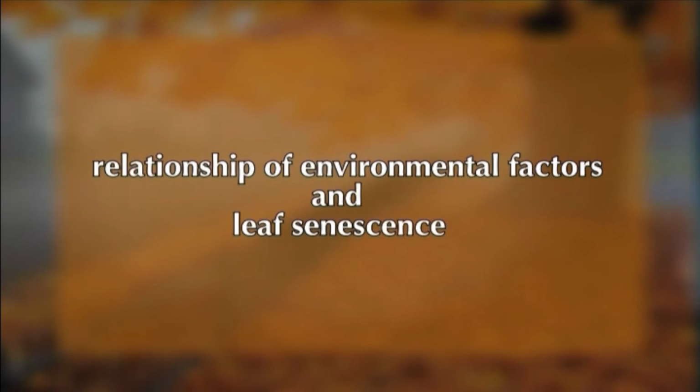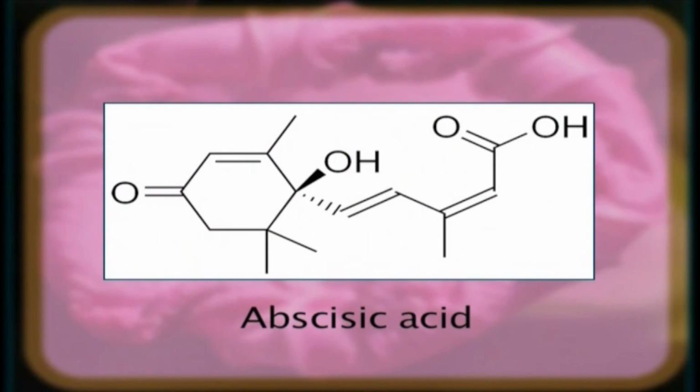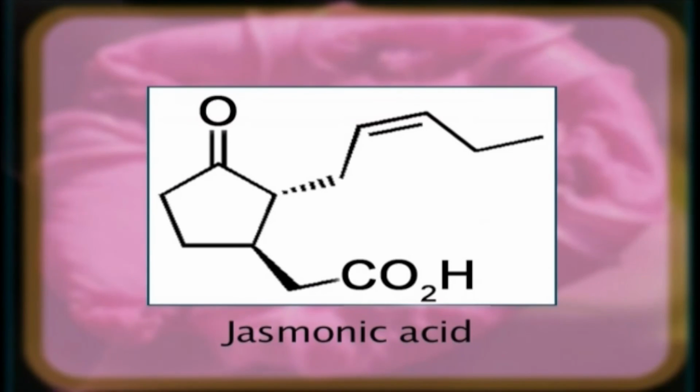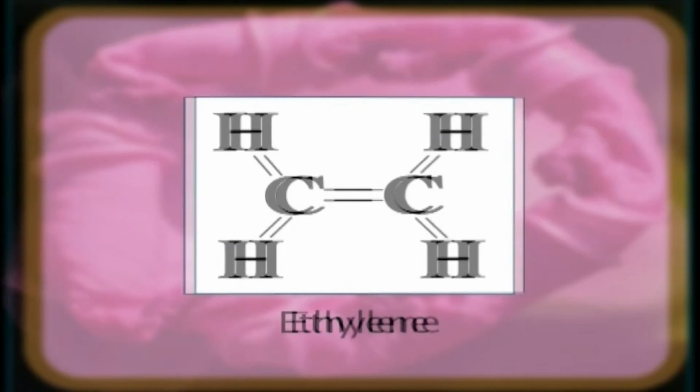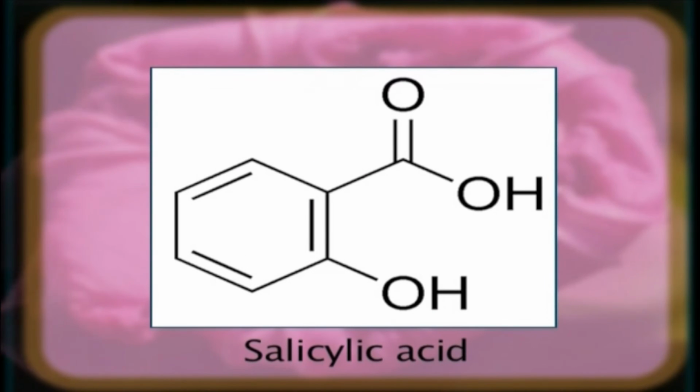Now, we will discuss the relationship of environmental factors and leaf senescence. Our current understanding of the relationship between environmental responses and leaf senescence mostly comes from the study of senescence response to the phytohormones such as abscisic acid, jasmonic acid, ethylene and salicylic acid that are extensively involved in response to various abiotic and biotic stresses.